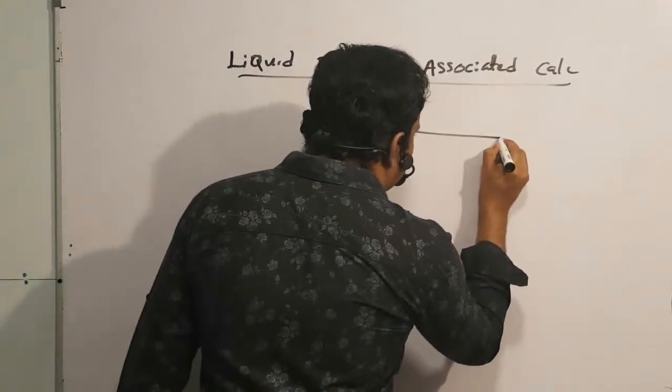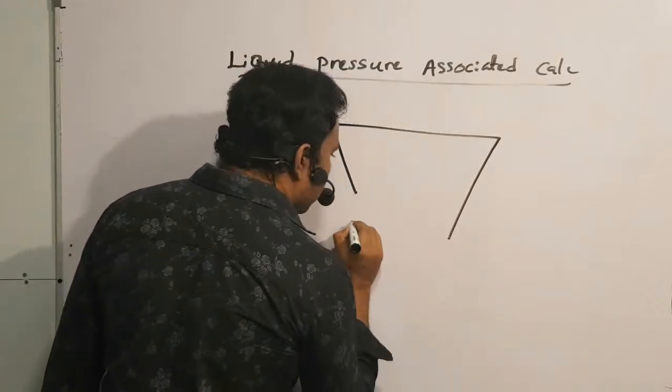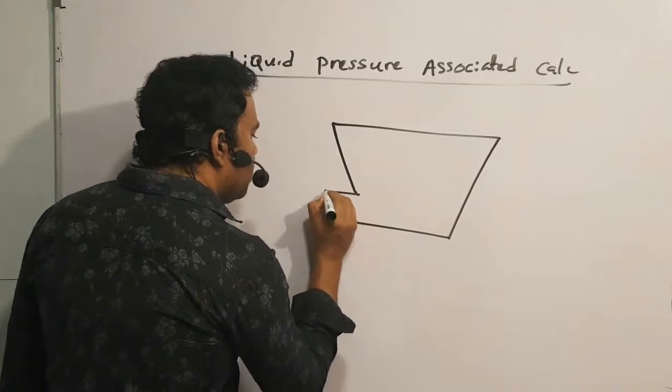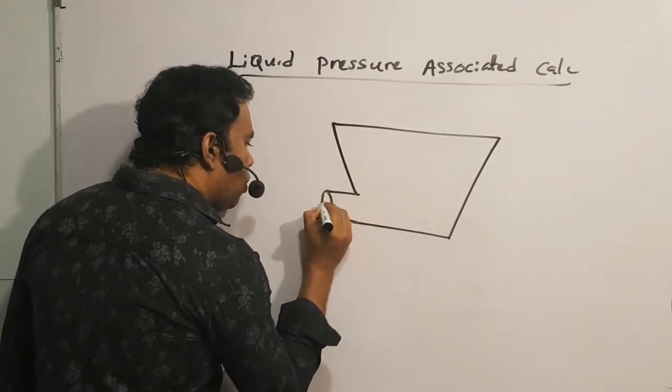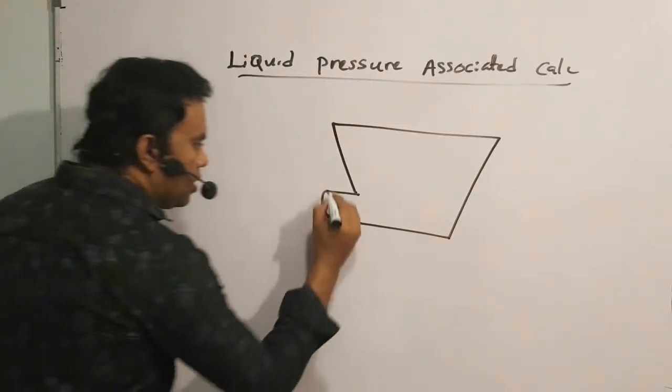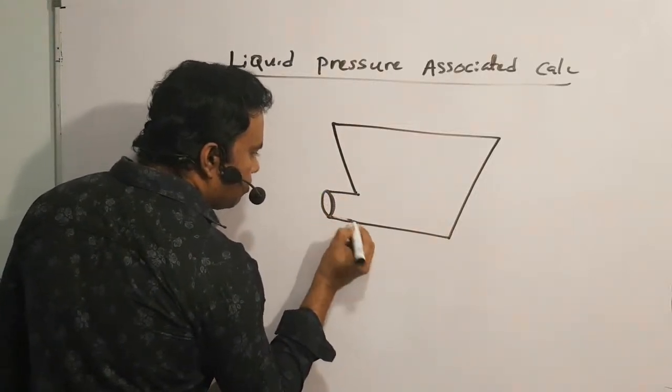This is a tank. There's a water outlet here, a circular surface.